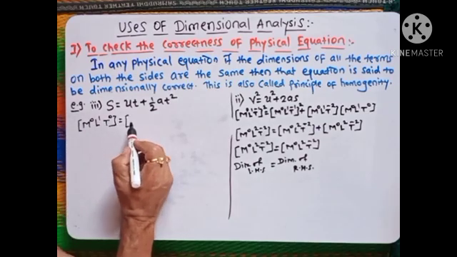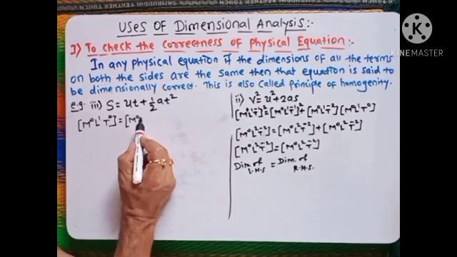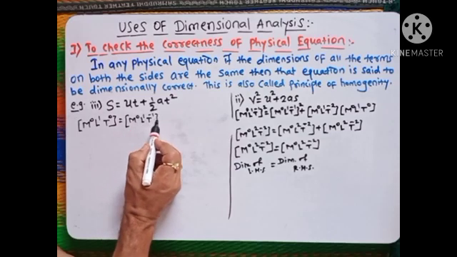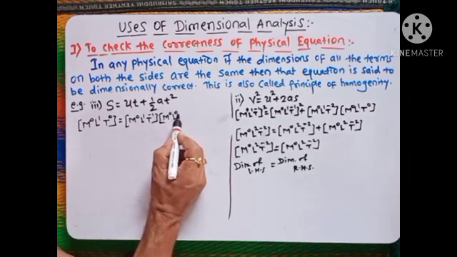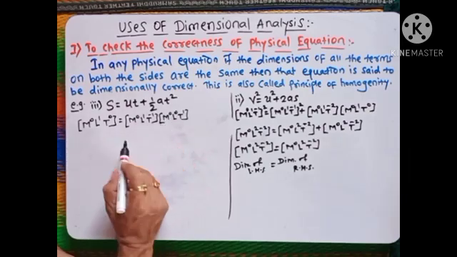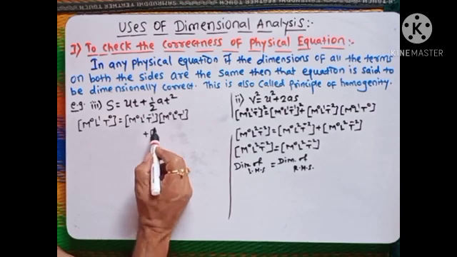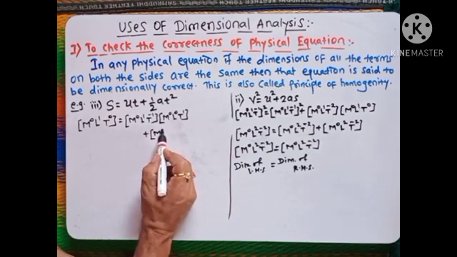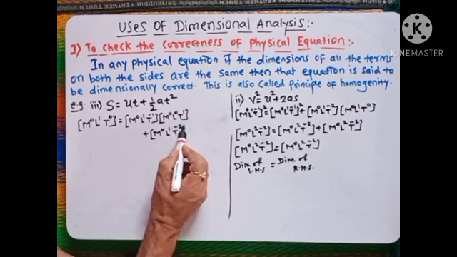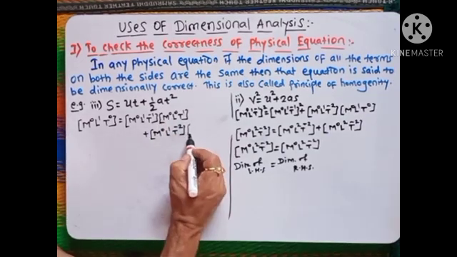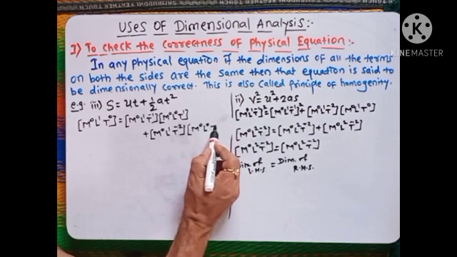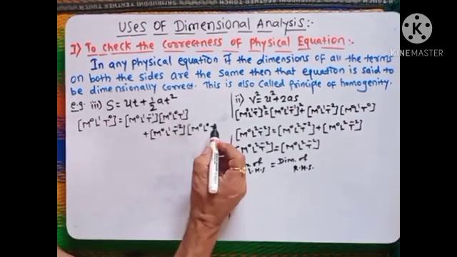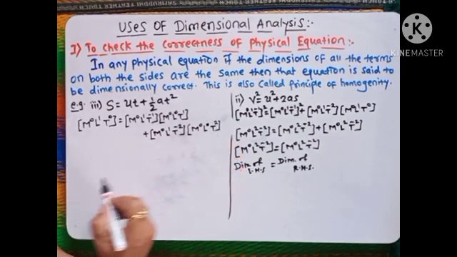This is equal to velocity M0 L1 T minus 1, then for T, M0 L0 T1, the dimensions of time, plus M0 L1 T minus 2, the dimensions of acceleration, and M0 L0 T2, that is T raised to 2.